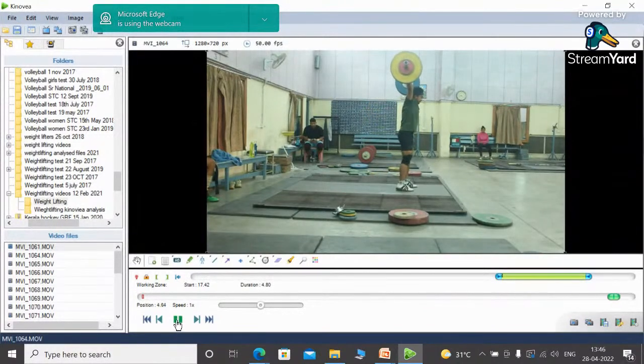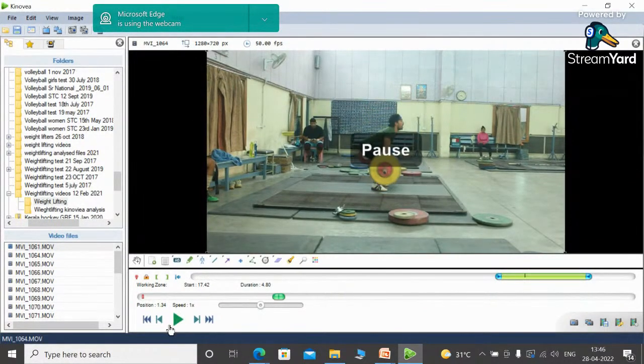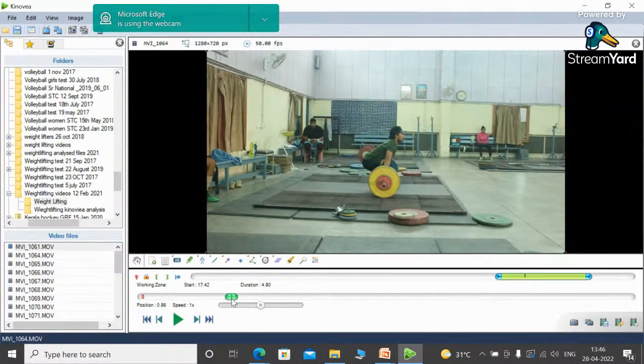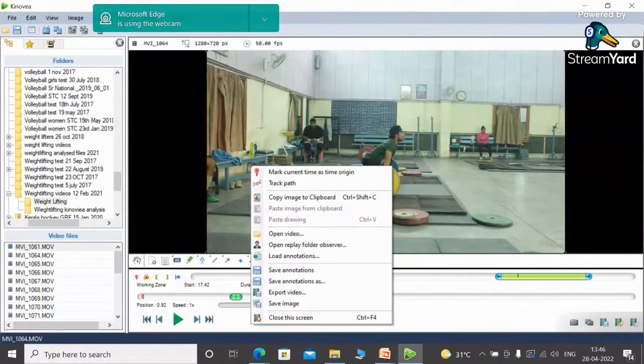So I'm using certain tools which are available here, and I won't be going that much into them. Suppose I want to measure the barbell trajectory; you can place a marker at the center of the barbell.